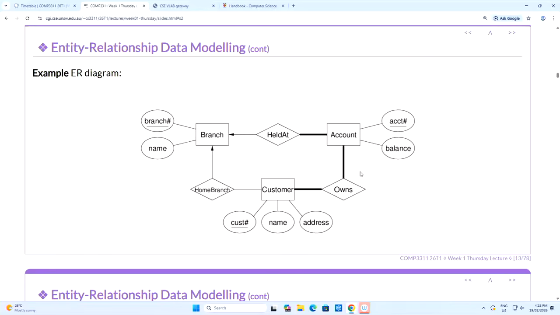For students, it's your ZID, and for people in the United States, it's probably their social security number. In the banking scenario, the account number is the key attribute for account, and the customer number is the key for customer.